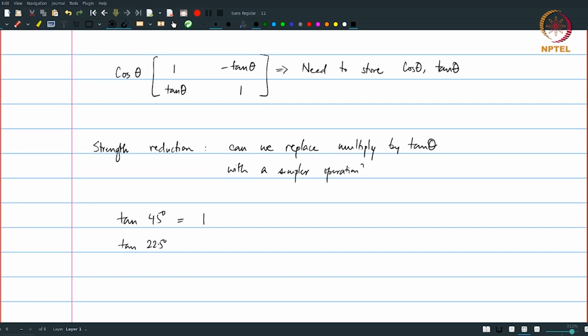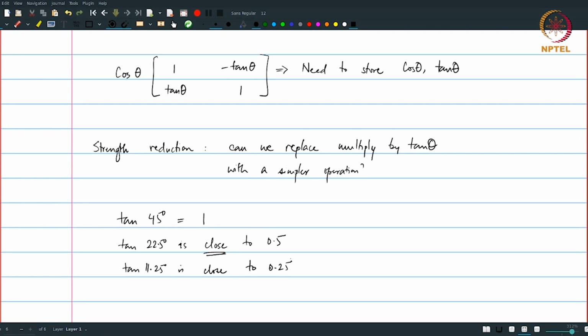Tan 22.5 degrees, although not exactly equal to 0.5, is close to 0.5. And tan 11.25 degrees is close to 0.25.